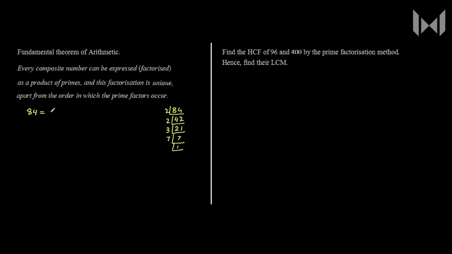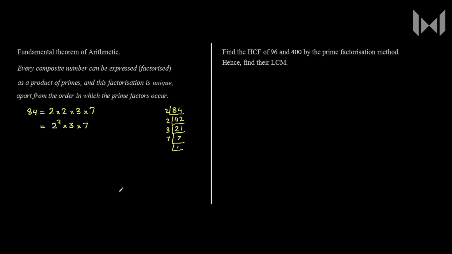So we can write 84 is equal to 2 into 2 into 3 into 7. Now this further can be written as 2 square into 3 into 7.